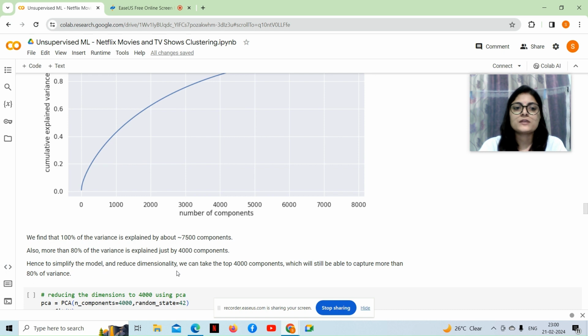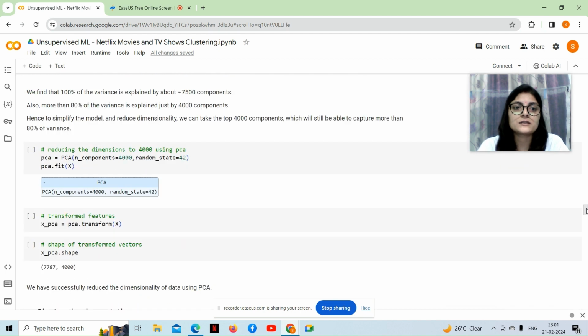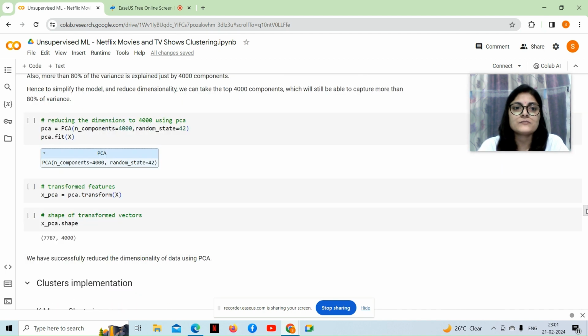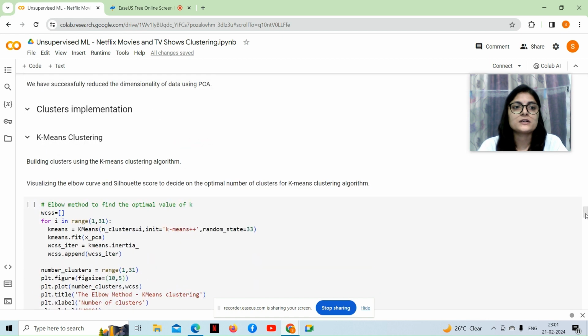So, to simplify the model and reduce dimensionality, we can take the top 4,000 components, which will still capture more than 80% of the variance. So now we are reducing the dimension to 4,000 using principal component analysis. And then we have successfully reduced the dimensionality of the data.